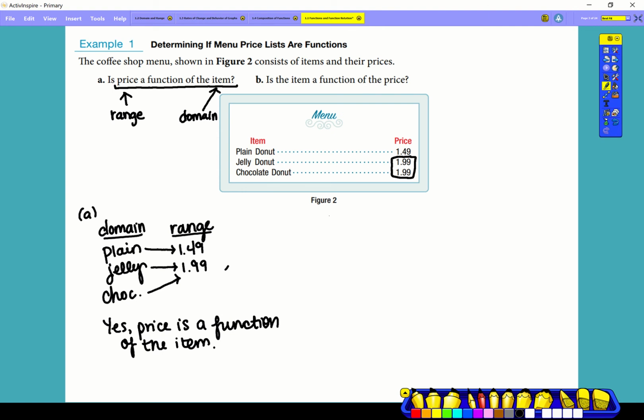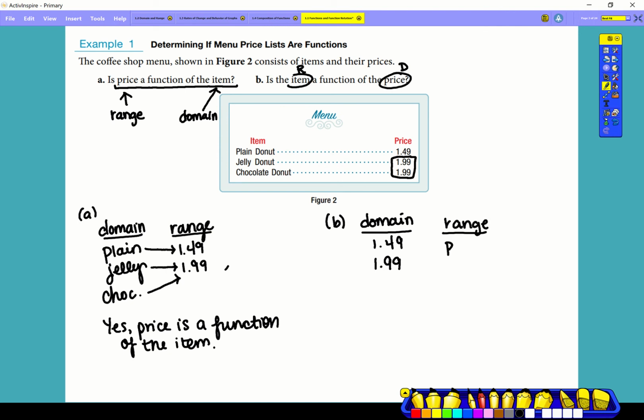Now what about B? Here we have item listed first, so this is our range, and our price is our domain. Now notice I'm still going to only list $1.99 once.